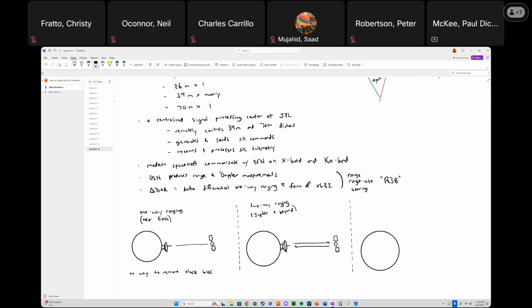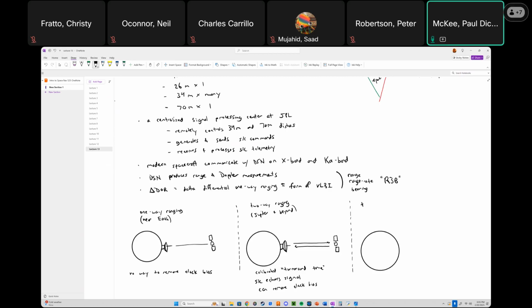So we're actually getting two measurements, assuming there is some calibrated turnaround time. We're measuring the time it takes to go out and the time it takes to go back. So the spacecraft echoes the signal, and this can remove clock bias. We'll talk plenty more about clock bias coming up.